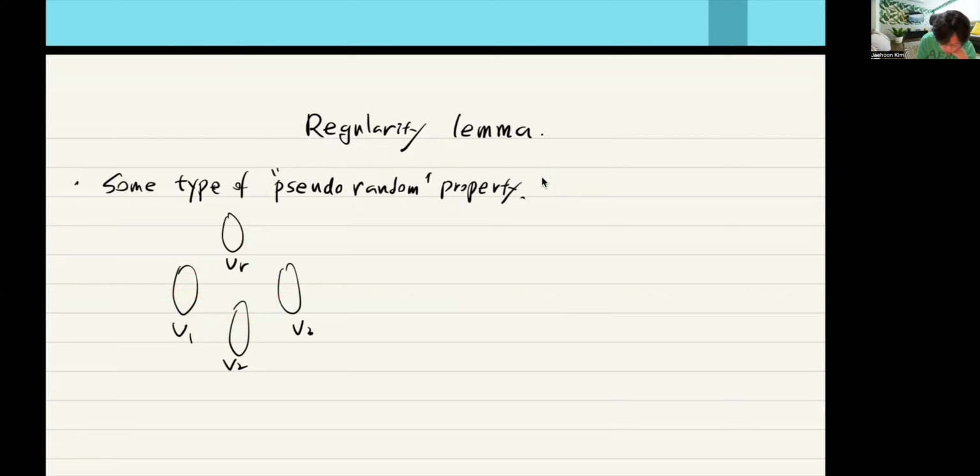And say your coin is a head with probability P, which is positive, and tail with probability 1 minus P. So randomly add edges, and you do that independently. For each pair UV and then VW, UV and WX, those events are independent.